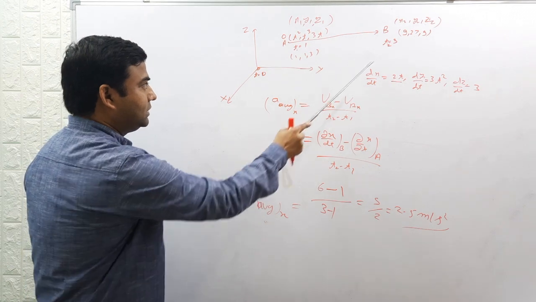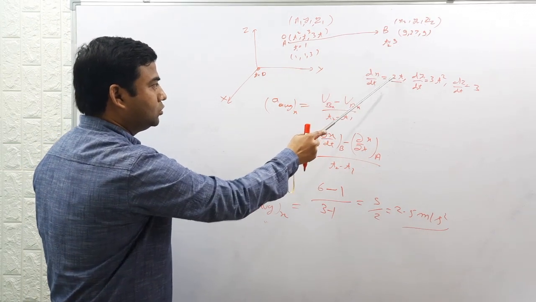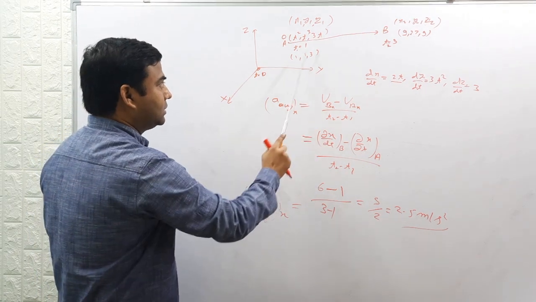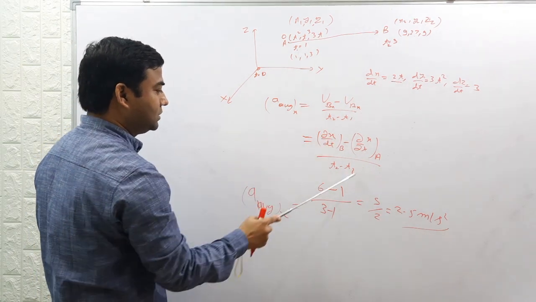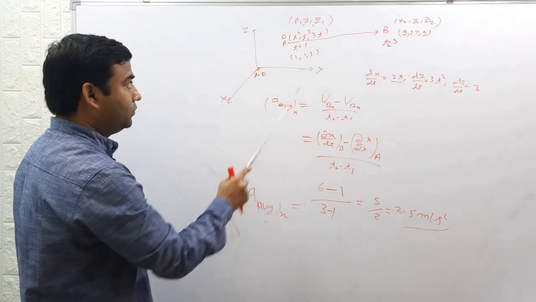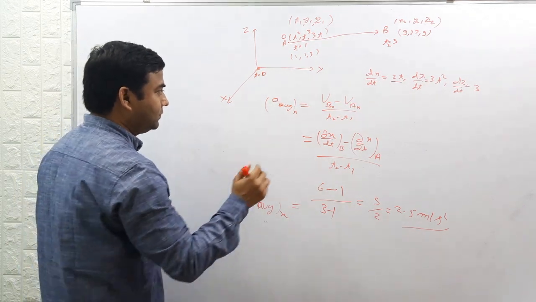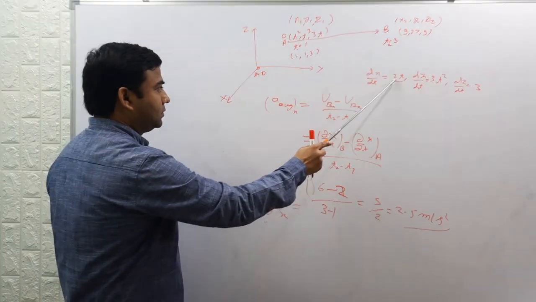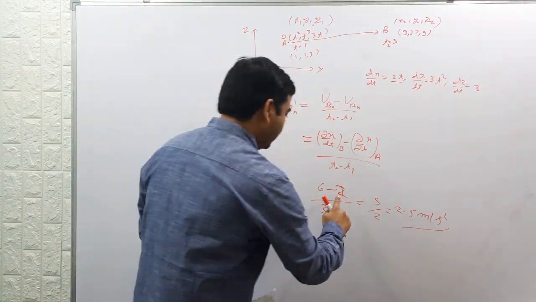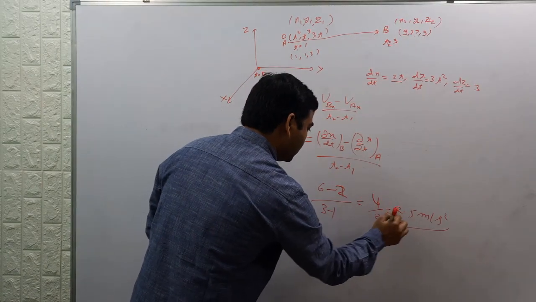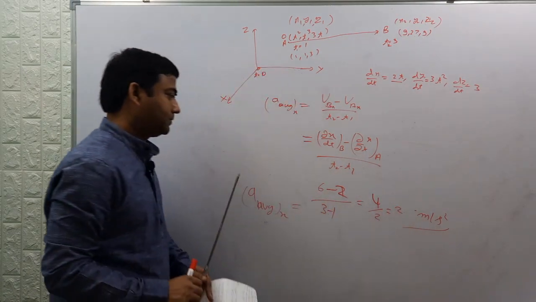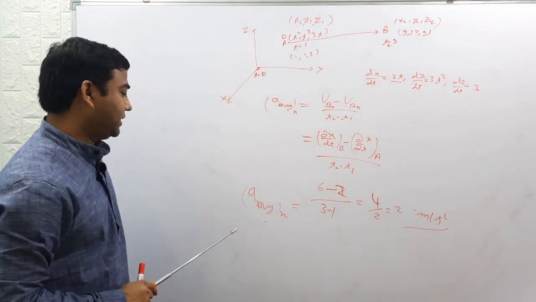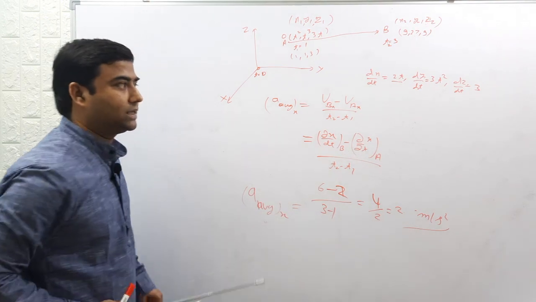For B, t is equal to 3, 3 into 2, 6. Minus, for A, t is equal to 1. Sorry, 1 into 2, it will be 2. So it will be 4 by 2. It will be 2 meter per second square. So average acceleration in x direction is 2 meter per second square.